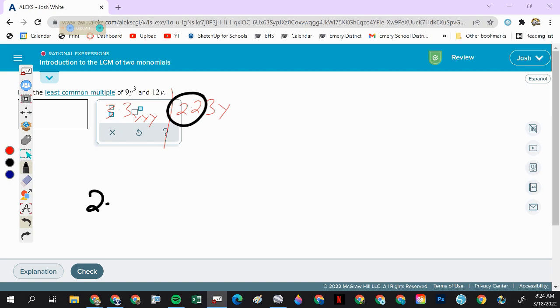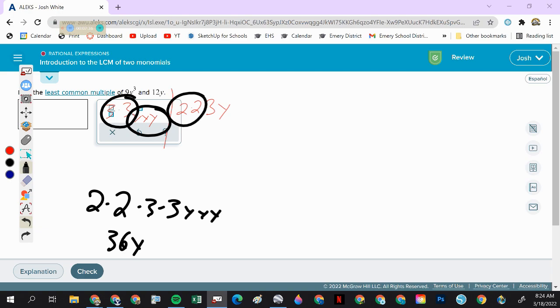So we do 2 times 2. And then we look at the 3's. What is the biggest set of 3's? A pair of 3's. And what is the biggest set of y's? 3 y's. So 2 times 2 is 4, times 3 is 12, times 3 is 36, y to the third.